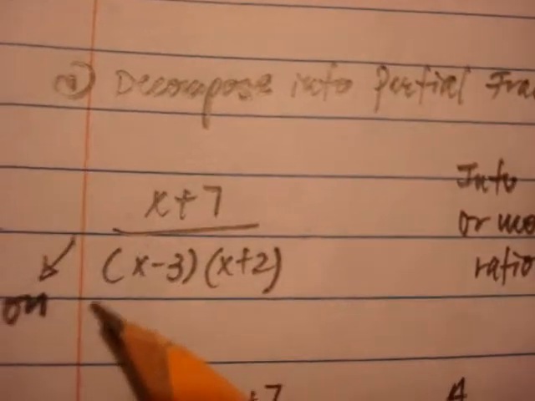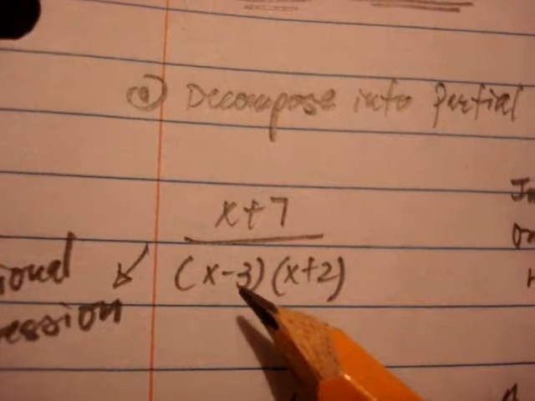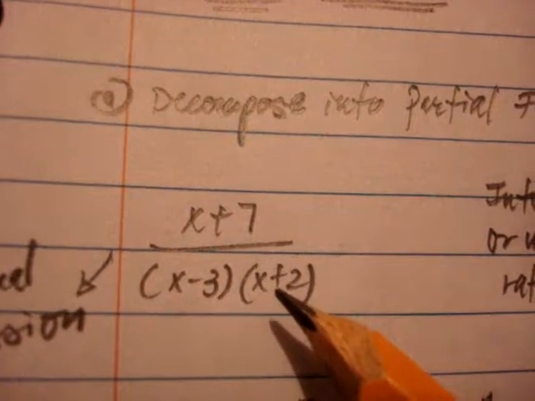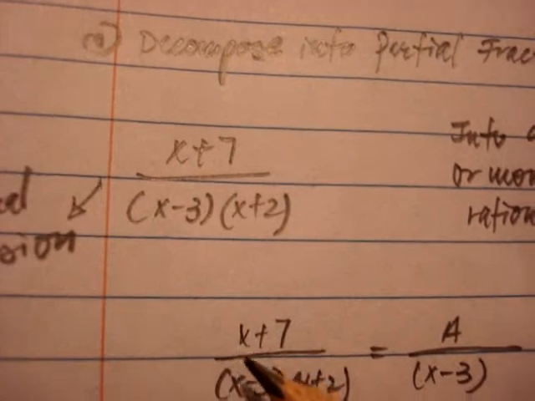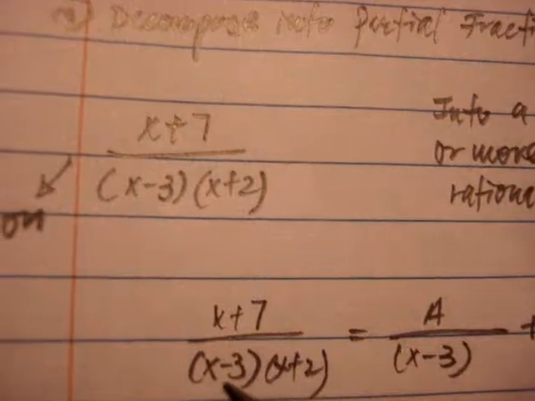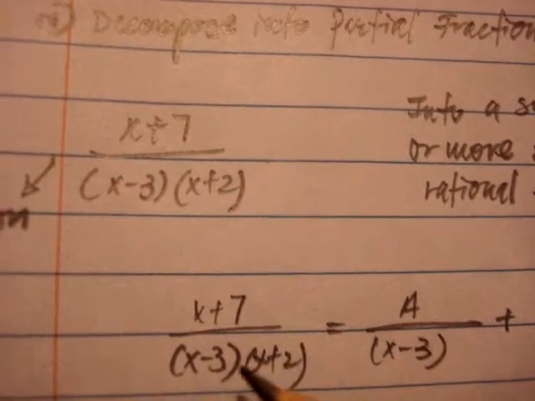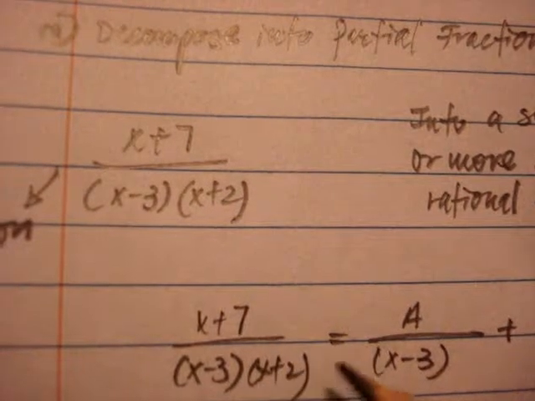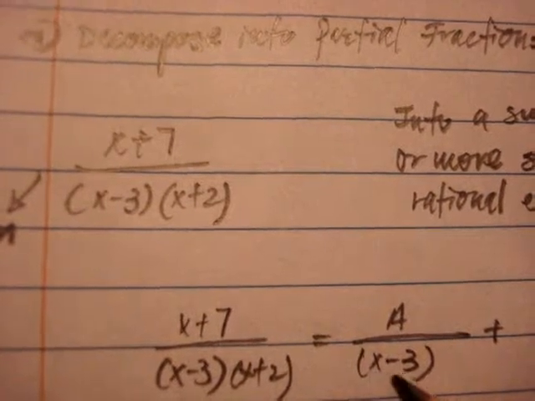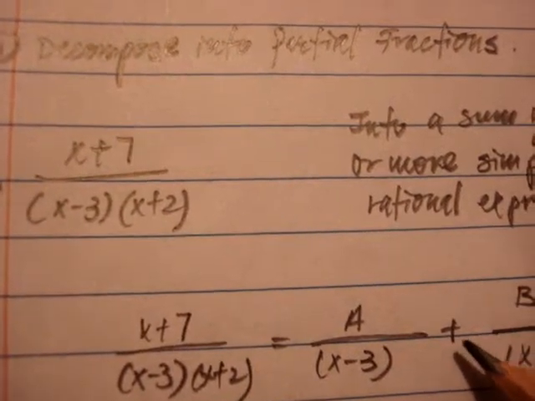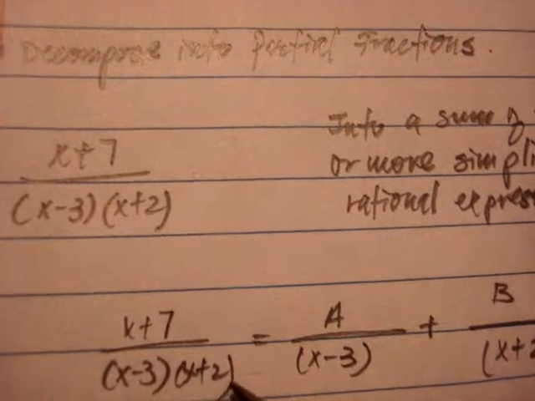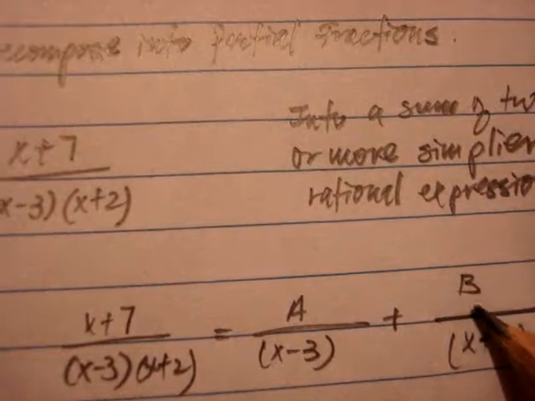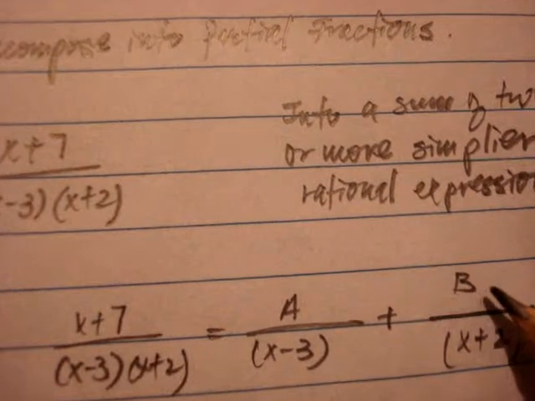Let's say we're given this rational expression right here. To make it into simpler rational expressions, you let A represent the numerator for x minus 3. So A divided by x minus 3, plus, which is always going to be plus. As for the x plus 2, you make a B represent its numerator.